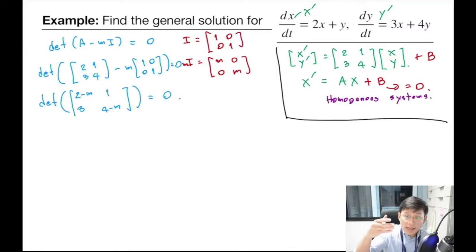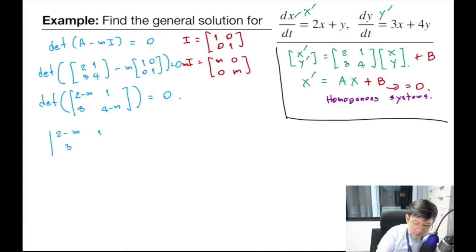Or you can write it this way, where this stands for determinant: 2 minus M, 1, 3, 4 minus M equals 0. Guys, I am doing it really slowly, but in the exam you don't need to do all of this.